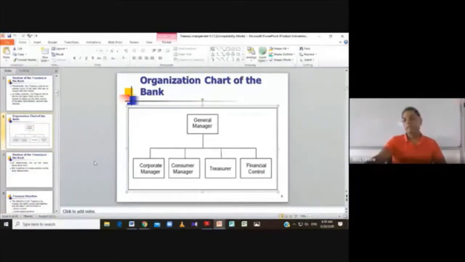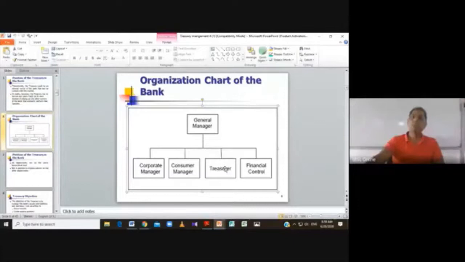In the same way, although Treasury and finance work very closely together, the treasurer does not report to the financial controller or the other way around. The reason is also independent control. Some of the functions within finance play not a direct risk management function, but a control function on what the treasurer does.